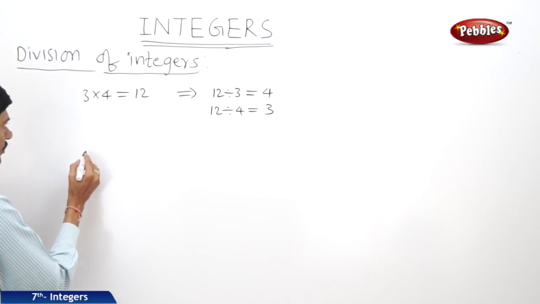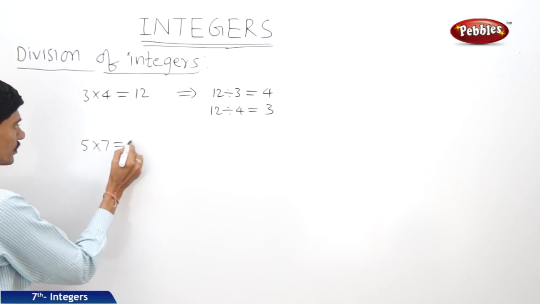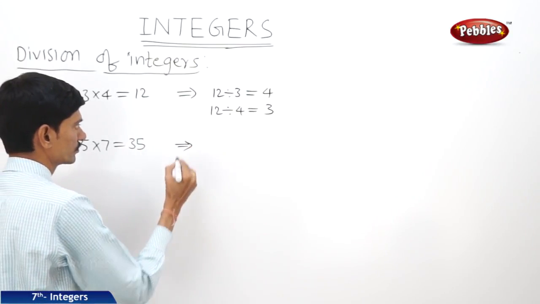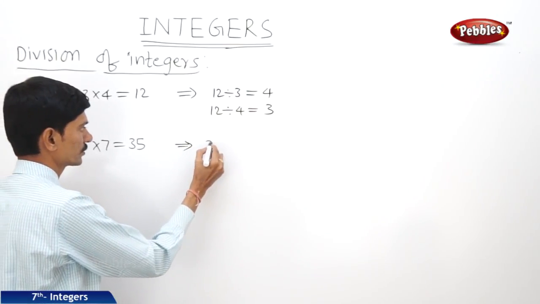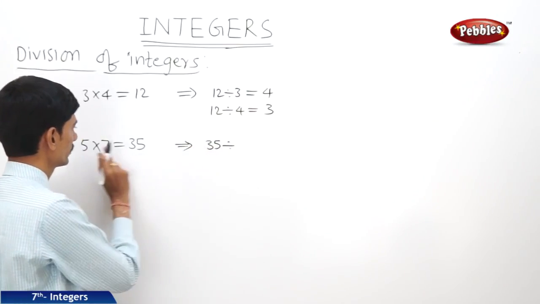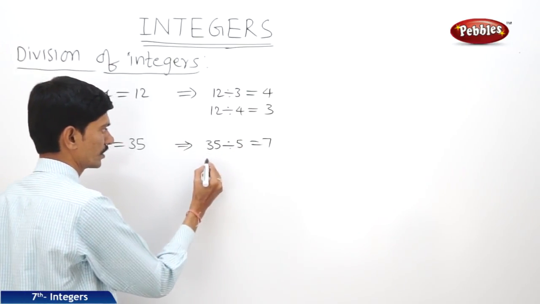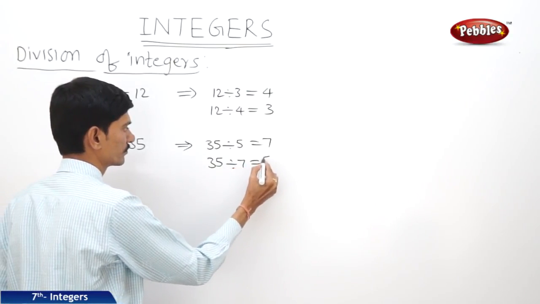And if you take the multiplication statement 5 times 7 equals 35, for this multiplication statement also we have two division statements: 35 divided by 5 equals 7, and 35 divided by 7 equals 5.